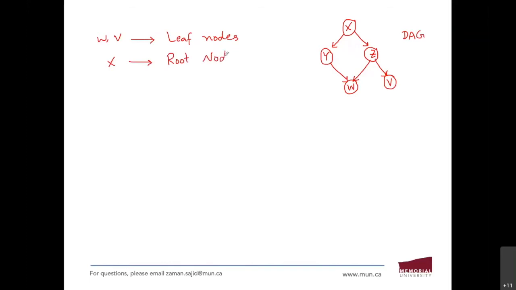This is the same as the basic events and the top events in your fault tree analysis. So X does not have any parent, so this is called the root node. And in this example, your Y and Z are called intermediate nodes, just like intermediate events in your fault tree.